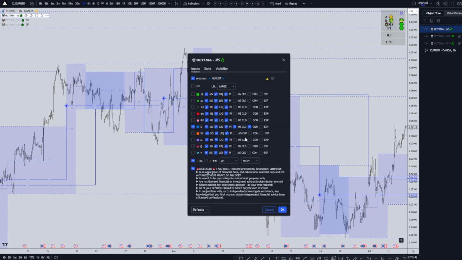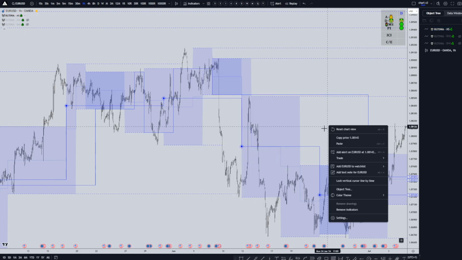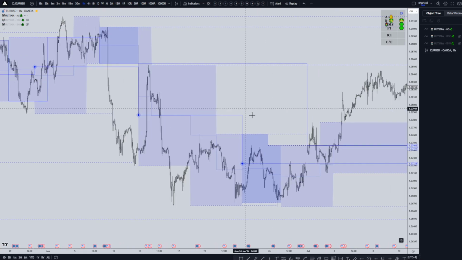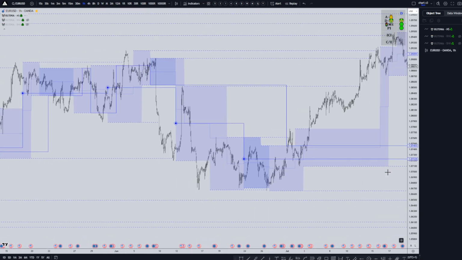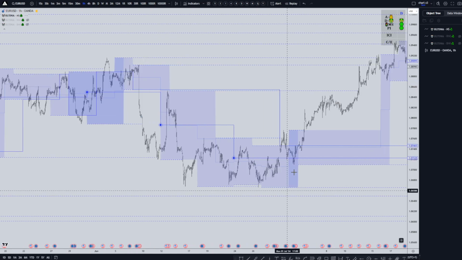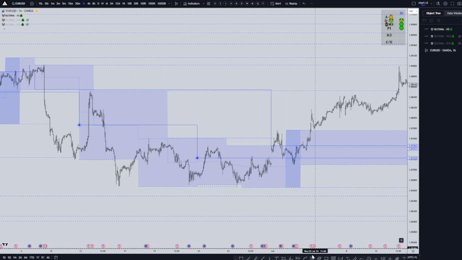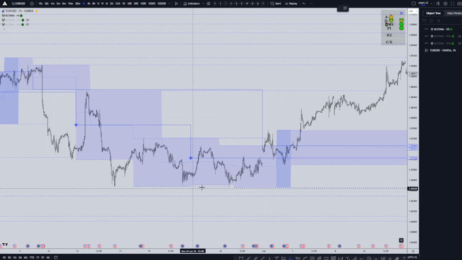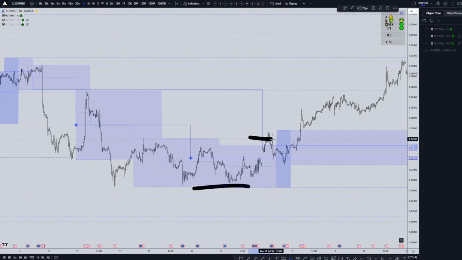Same thing is like when we hit the expansion. That is the opposite of contraction. Contraction is basically when we start to coil down, with lower highs and higher lows. Expansion is basically when we already manipulated both sides. You can see we swept low and we swept high, right?